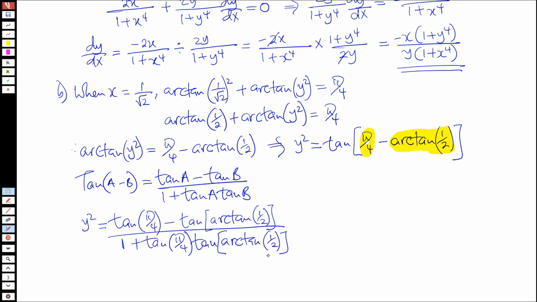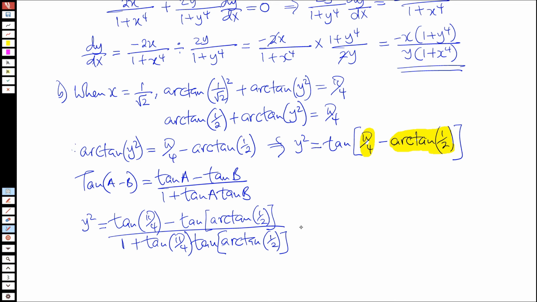Now one thing that you need to understand is that tan of arctan, those two cancel each other out, so you just end up with a half. Also, tan of pi over 4 is the same as tan of 45 degrees, and from special triangles we know that tan 45 is 1.